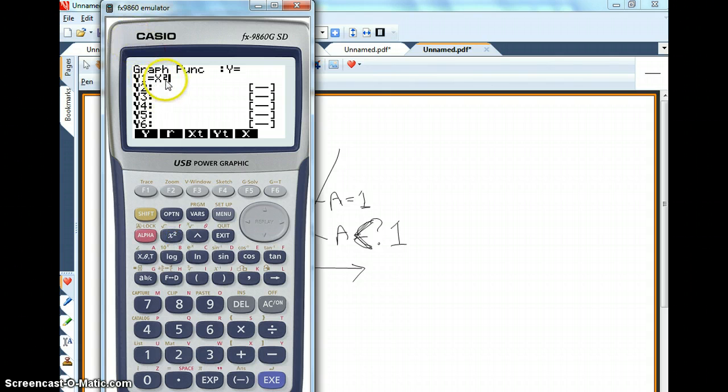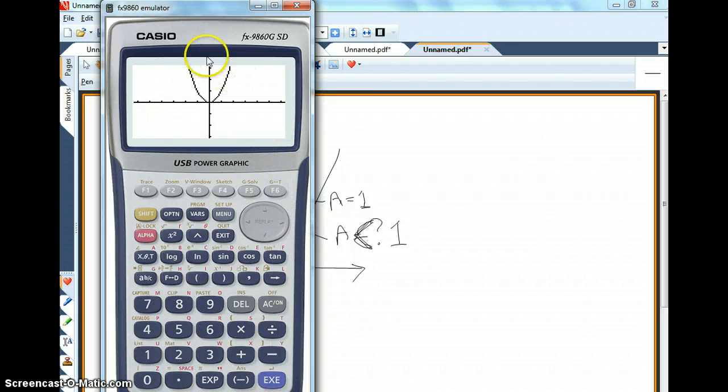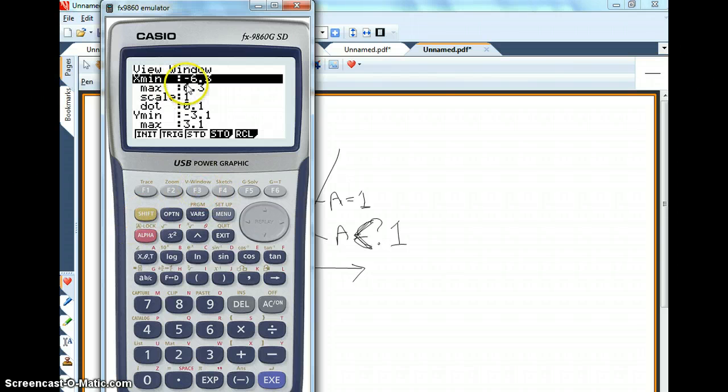So y equals x squared, and then you can hit execute, then you can hit draw, and that's your basic parabola. Notice it goes across 1, up 1, across 2, up 1, 2, 3. It's off the scale. Well, if you click shift F3, you can change the scale so you can see further up the graph.